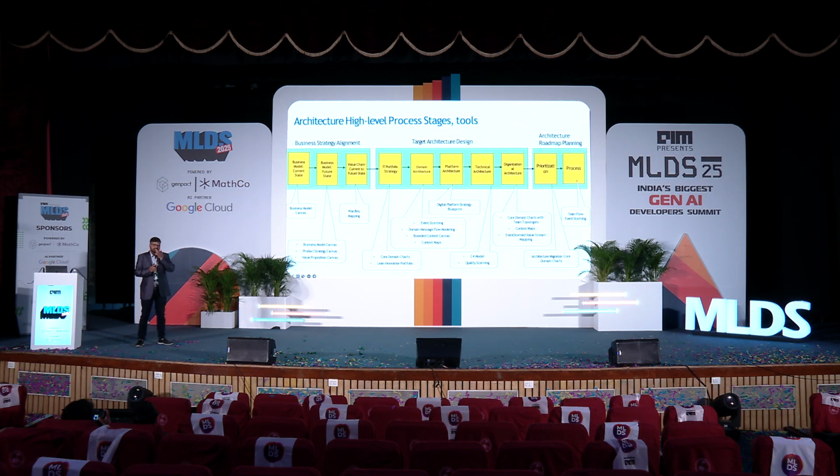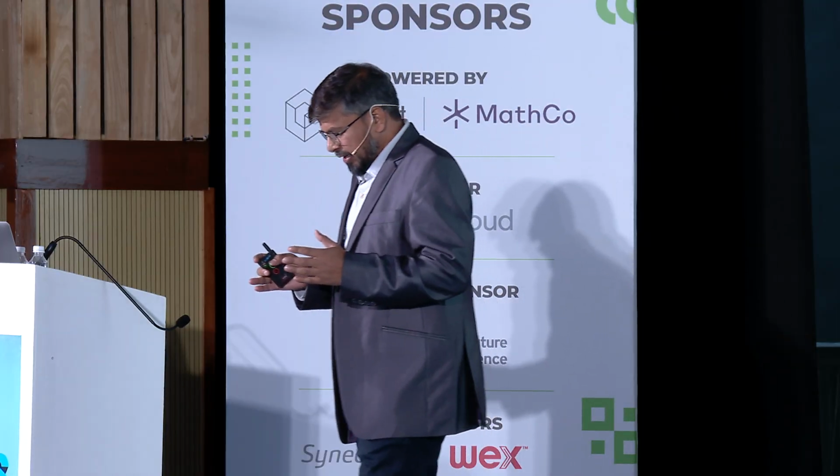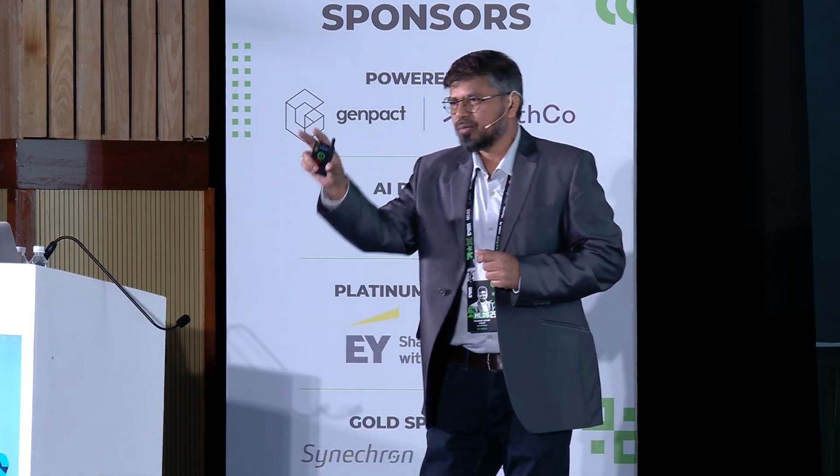In the target architecture design at the enterprise level, you can have an IT strategy, IT portfolio strategy, then domain architecture, platform architecture, technical architecture, and organizational architecture, right? Mainly we have reach in one of these boxes somewhere.